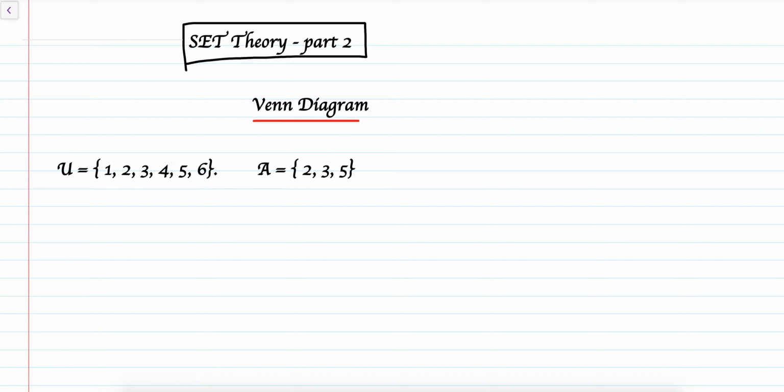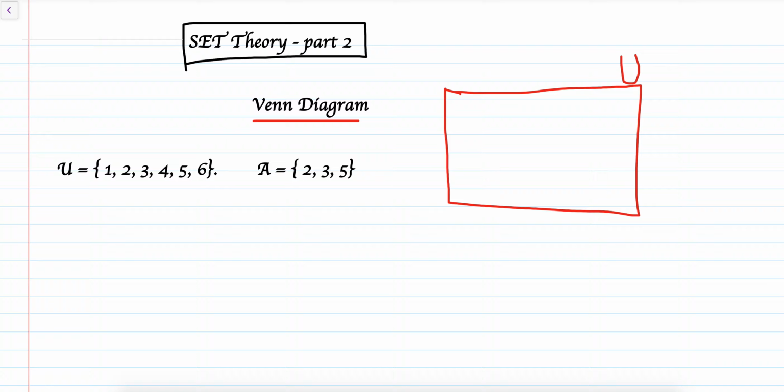So what we will do, we will draw a rectangle. This rectangle denotes the universal set U. For all the other subsets of this universal set, suppose we had another set B also, or C, we will draw a circle inside that rectangle.